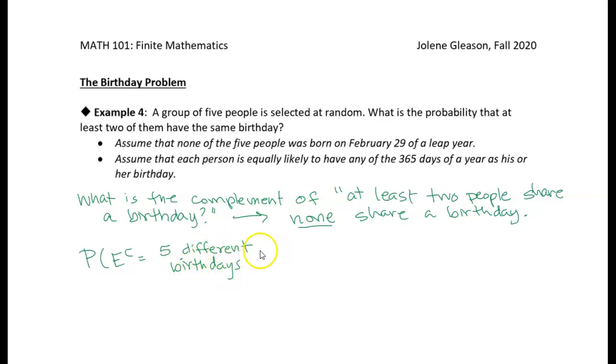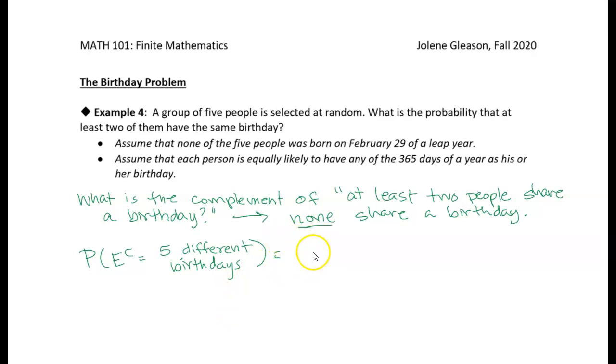And as you would guess, there's 365 days in a year, and you only have 5 people, so you would guess there is a fairly high probability that they're all going to have different birthdays. Which then means that there's a pretty low probability that 2 of them would share a birthday. But let's go ahead and think this through.